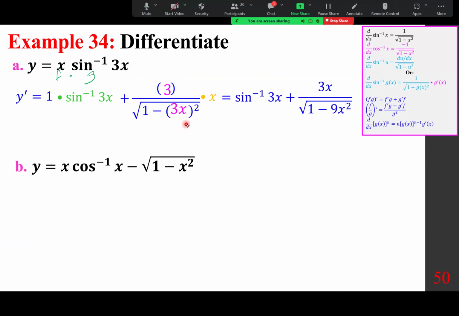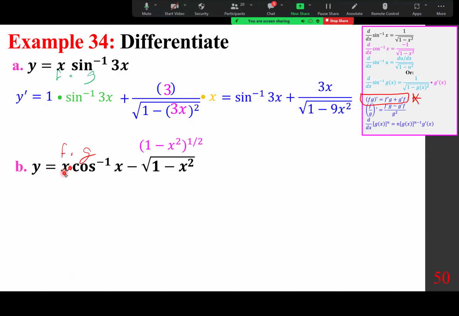Part B, x cosine inverse of x minus the square root of 1 minus x squared. We are going to differentiate, and to do so, first of all, we're going to change this to 1 minus x squared to the power of 1/2. So for that reason, we can use the power rule on that. This one is x times cosine inverse. So again, we are using the product rule.